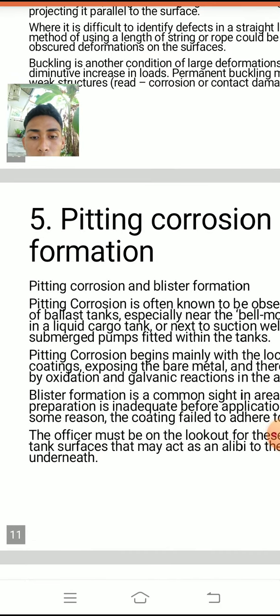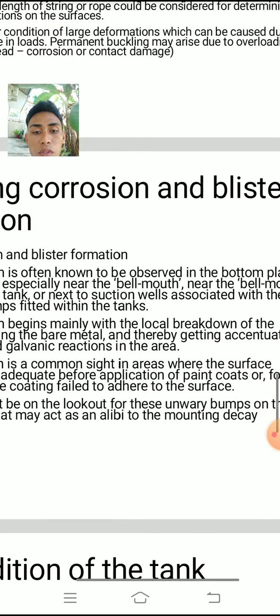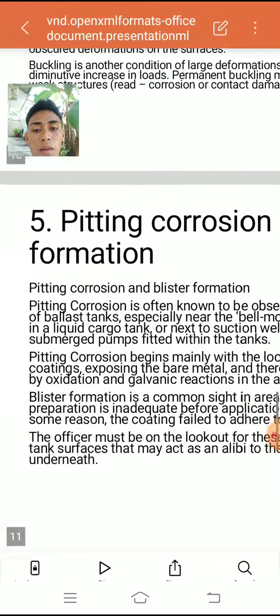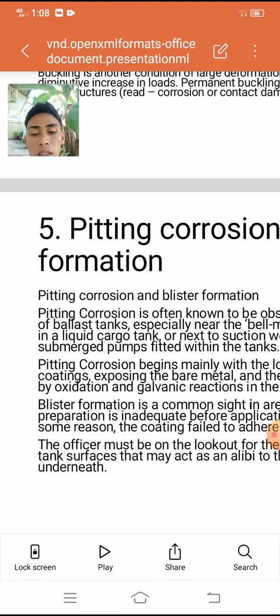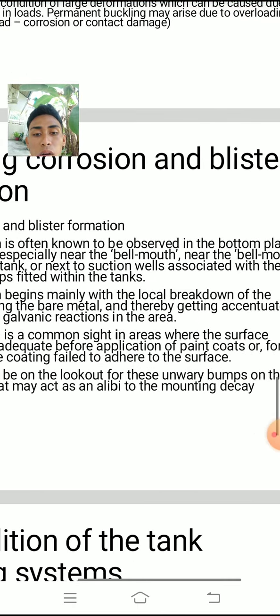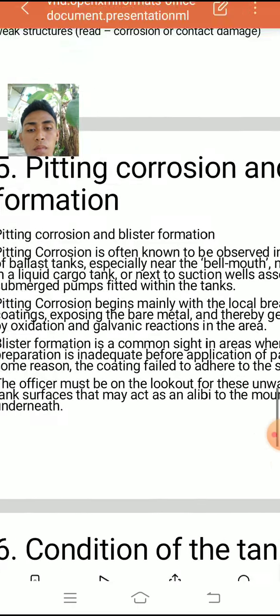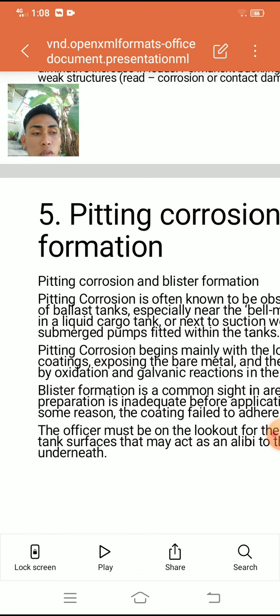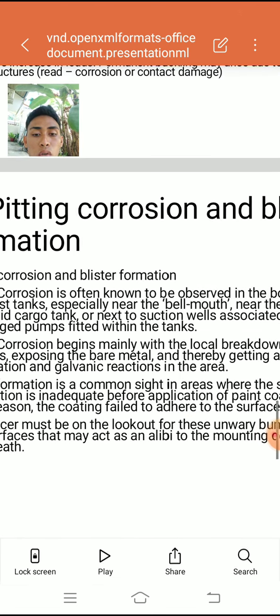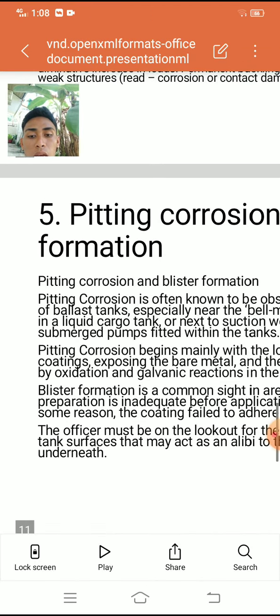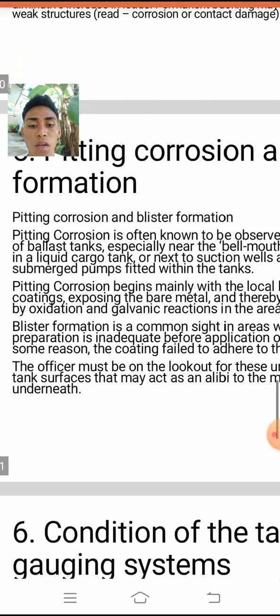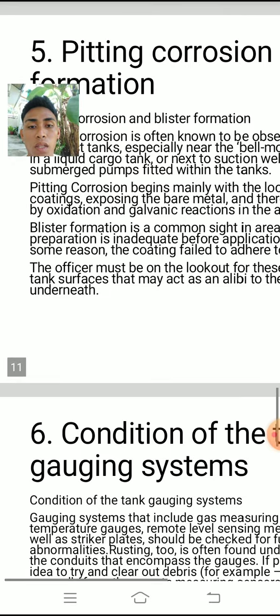Pitting corrosion is often known to be observed in the bottom plating of ballast tanks, especially near the bell mouth in the liquid cargo tank, or next to suction wells associated with the submerged pumps fitted within the tanks.